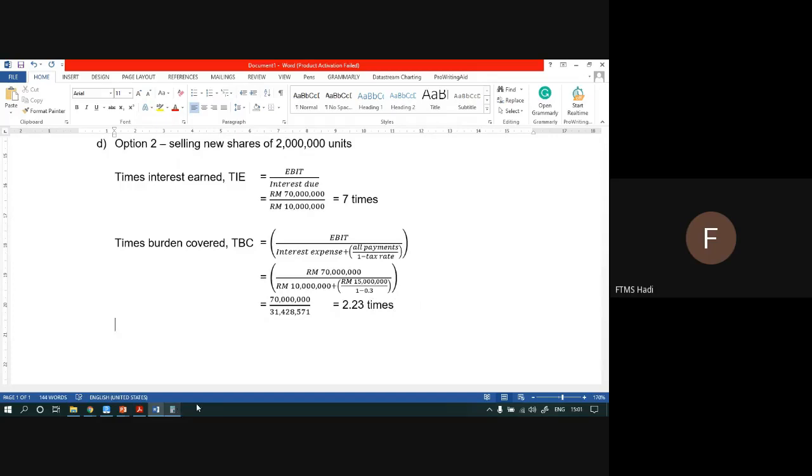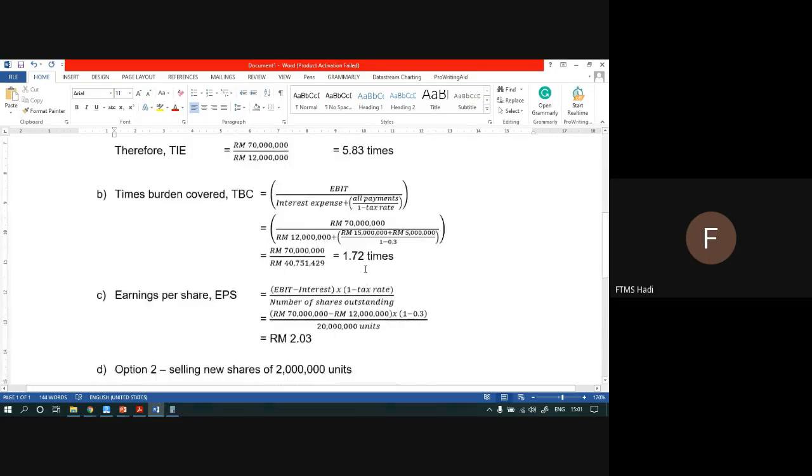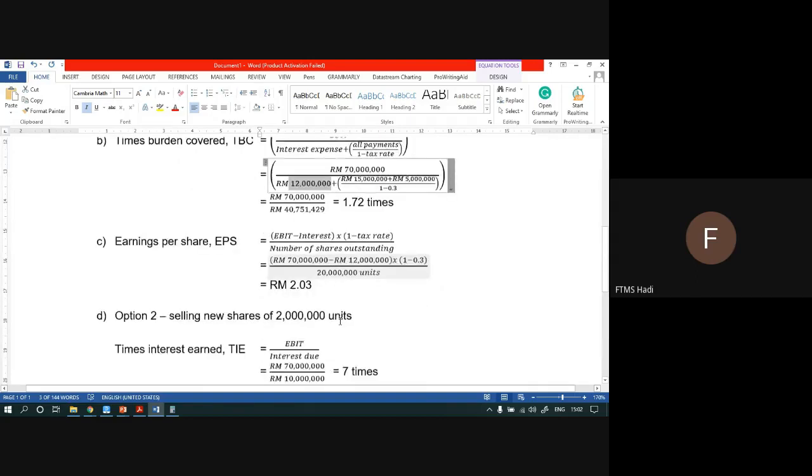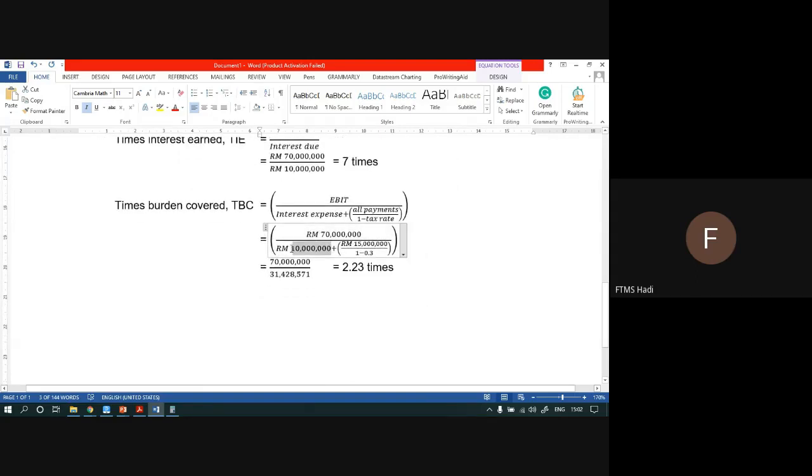This differs from this one, 1.72. Why? Because there is an additional 5 million, and that one is interest with the new loan, but this one is 10 million and does not include the 5 million, so that's why the amount is increasing.